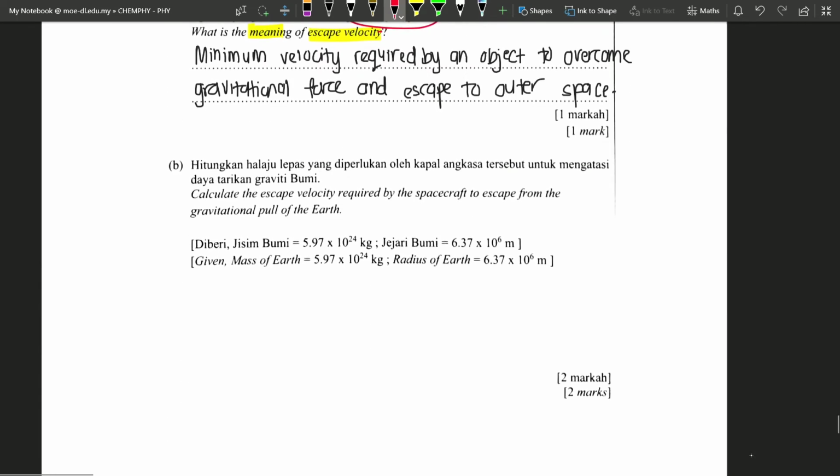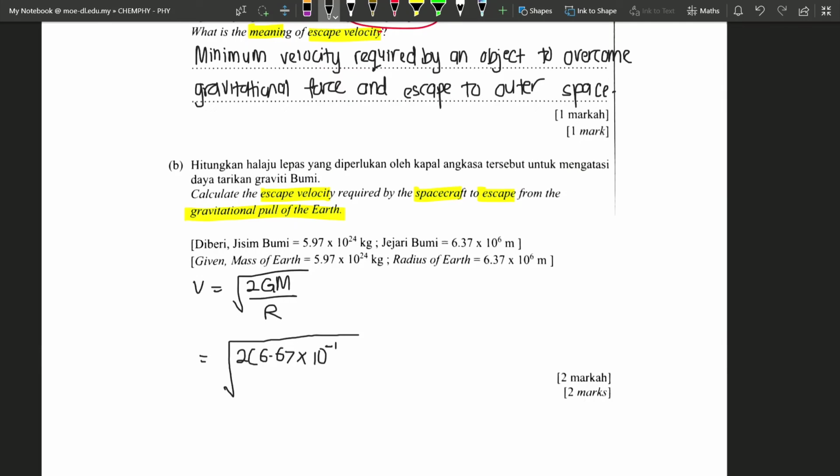Okay, soalan B. Calculate the escape velocity required by the spacecraft to escape from the gravitational pull of the Earth. So this one, soalan minta halaju lepas. So halaju lepas is your V. Kita ada formula square root 2GM over r. So soalan dah bagi maklumat, kita punya tugas adalah untuk ganti maklumat yang diberi dengan betul. So this one semua dalam punca kuasa. 2 darab G is your 6.67 power negative 11.